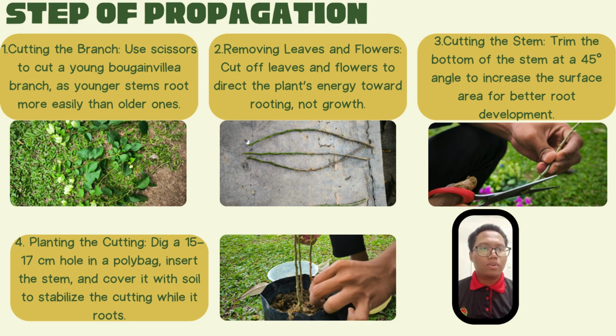Thirdly, we cut the stem at a 45-degree angle to increase the surface area for better root development. Lastly, we plant the cutting. Dig a 15 or 17 cm hole in the poly bag, insert the stem, and cover it with soil to stabilize the cutting while it roots.